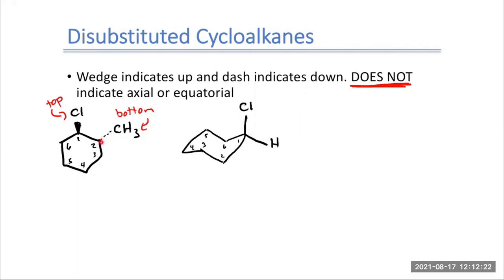We do the same thing with the second one. The corner points down. The equatorial one points slightly up. Since it's a dash, that's on the bottom side. That means it's going to be my axial. So even though it's wedge and dash, they both end up axial.